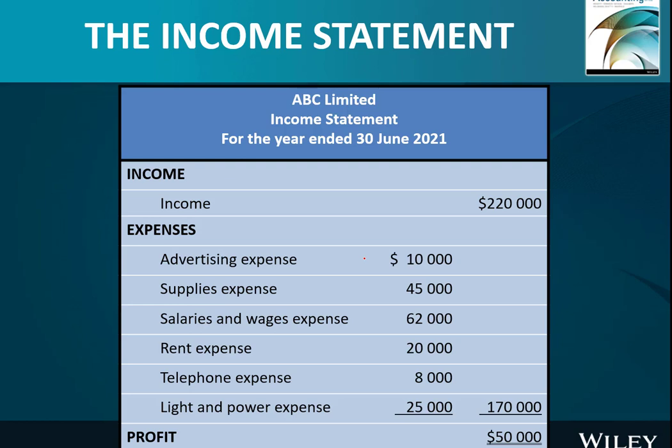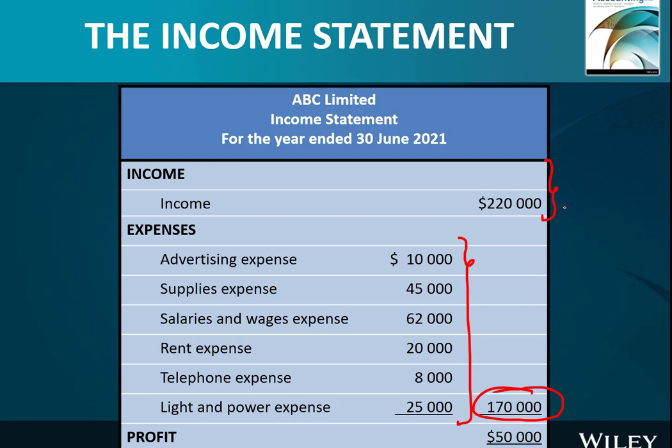The example of the income statement: first we list all income. For example, our income is 220,000, and you list all your expenses. For example, you paid for advertising, supplies, salaries, rent, telephone, electricity, water, and so on. So your total expenses are 170,000.